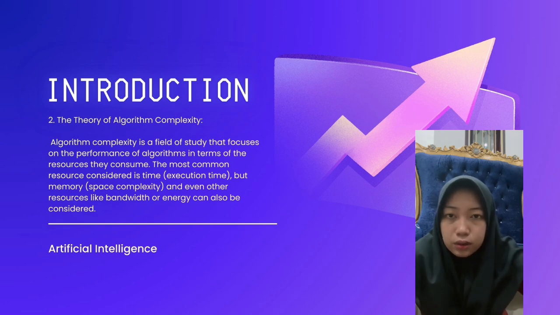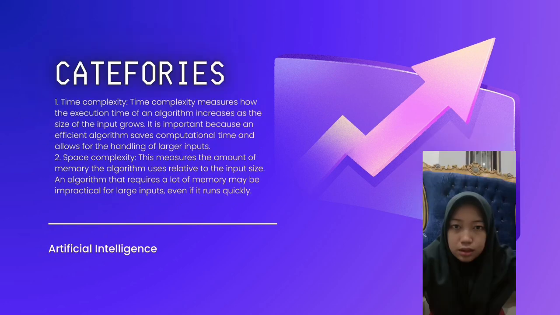Number 2. The theory of algorithm complexity. Algorithm complexity is a field of study that focuses on the performance of algorithms in terms of the resources they consume. The most common resource considered is time or execution time, but memory or space complexity, and even other resources like bandwidth or energy can also be considered.